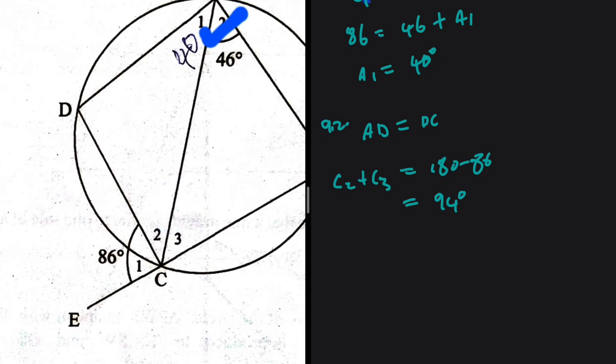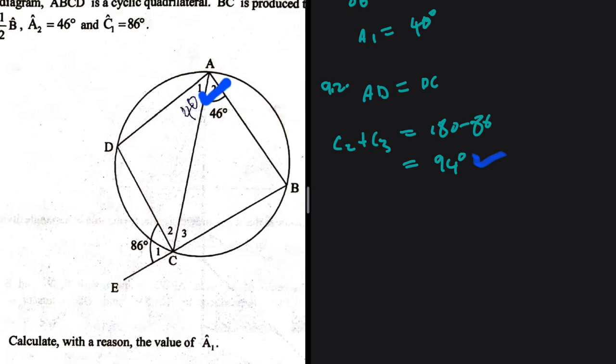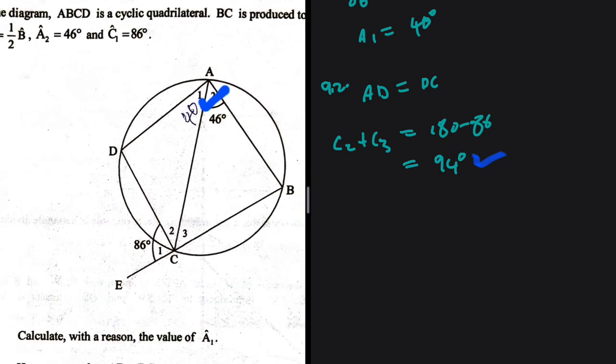Okay. And then what else do we have? We have C2 plus C3, which are equals to 94 degrees, and then A1 plus A2 are equals to 86 degrees.